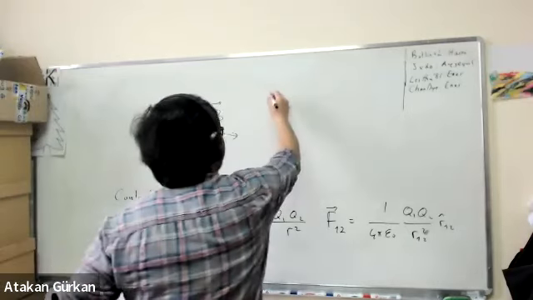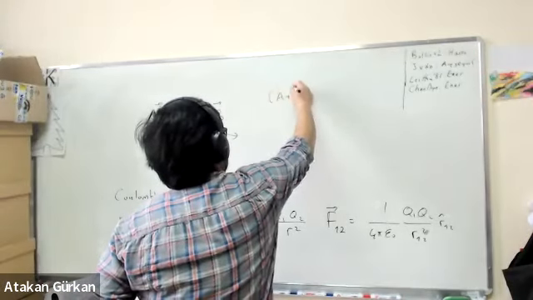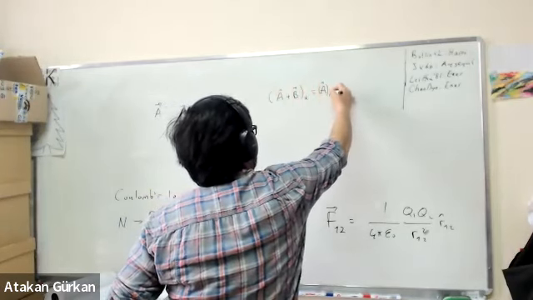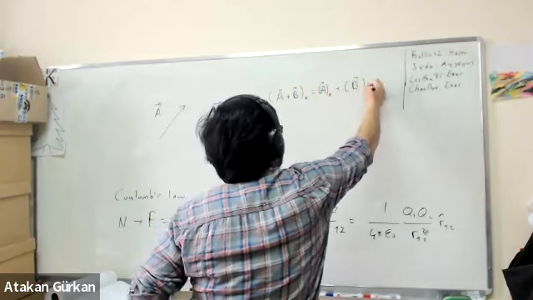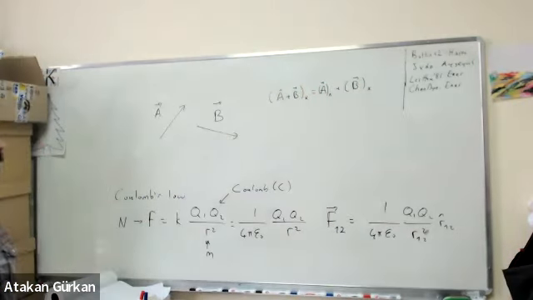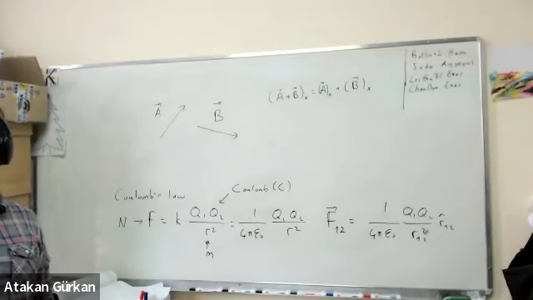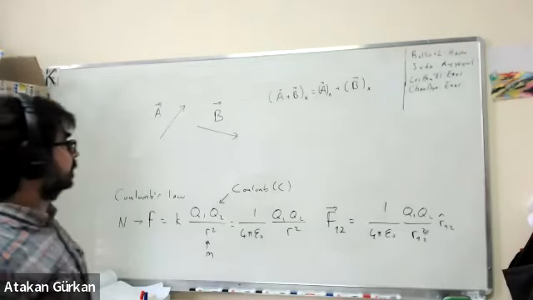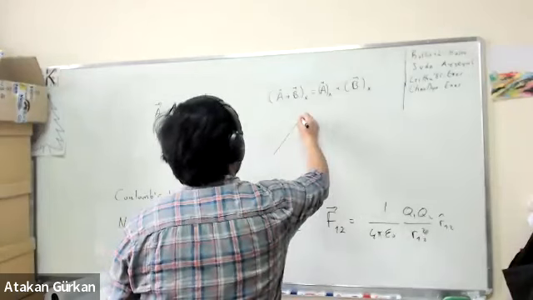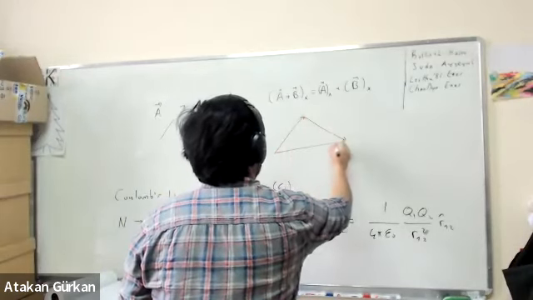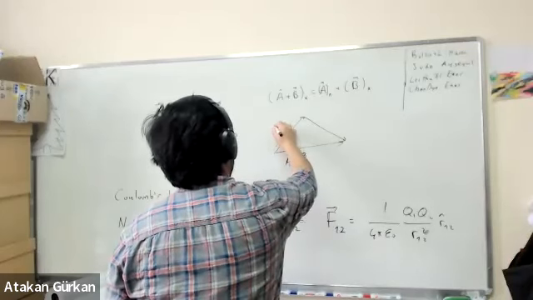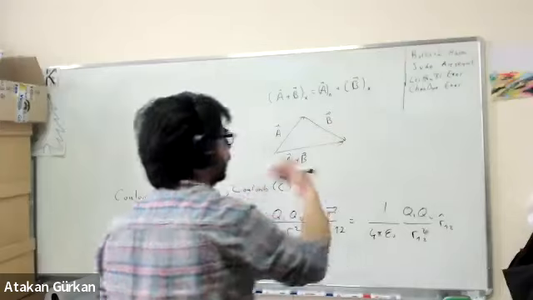So the x component of A plus B is going to be the x component of A plus the x component of B. Or you can do it geometrically, if you know the geometry, because these are on the sides of an equilateral triangle or a square or something like this, you can add these. And that's going to be A plus B. And likewise, you can subtract them.